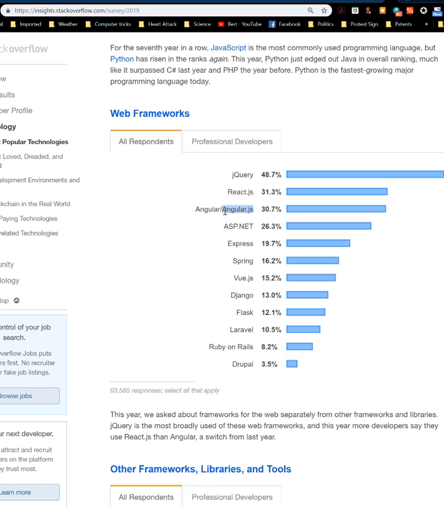AngularJS is like Angular 1, but they changed the hell out of it in Angular 2. And most AngularJS people hate Angular because it is so much more difficult to learn and use, apparently. So these really should be separated out.